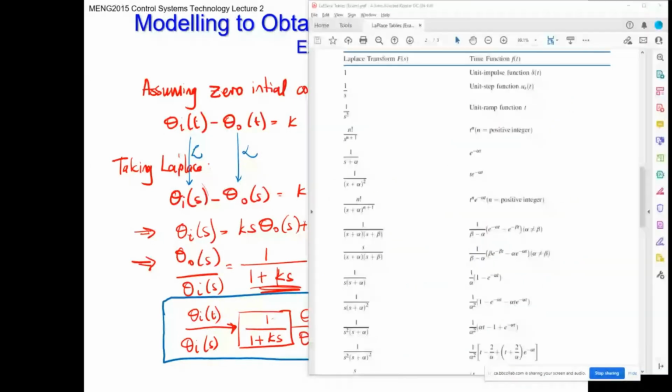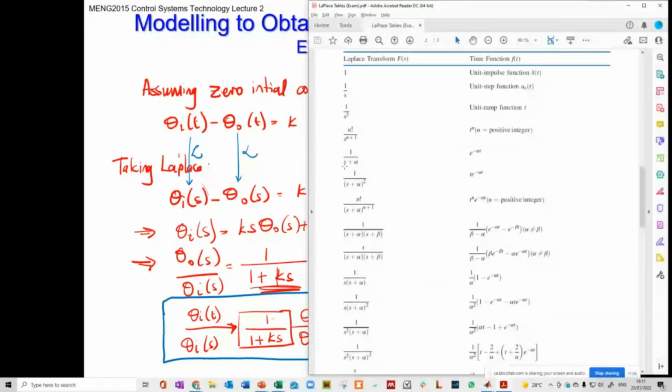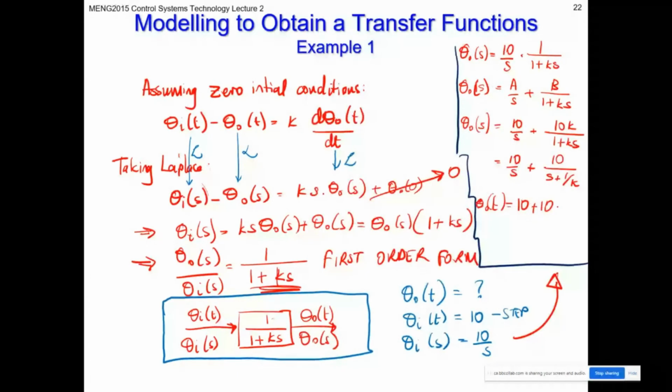So that's going to give us something in this form, 1 upon s plus alpha. Alpha in this case is 1 upon k. So we're going to have an exponential with a coefficient of minus 1 upon k t. That's e to the minus t upon k.